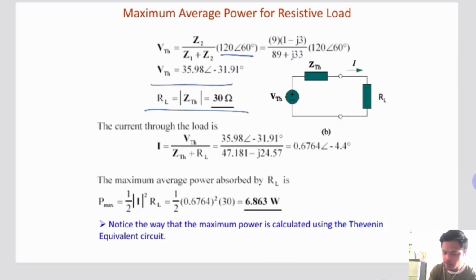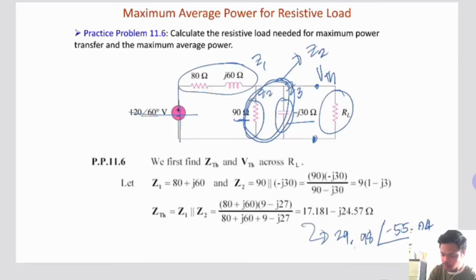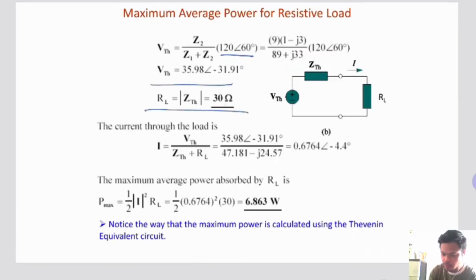So RL is equivalent to 30. So you have 30 ohms for RL.